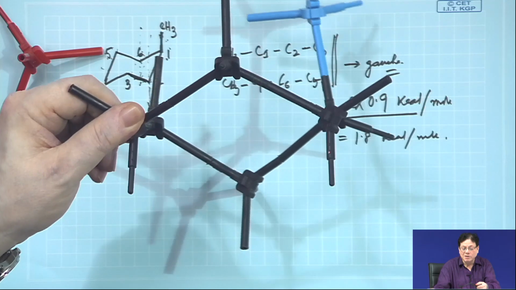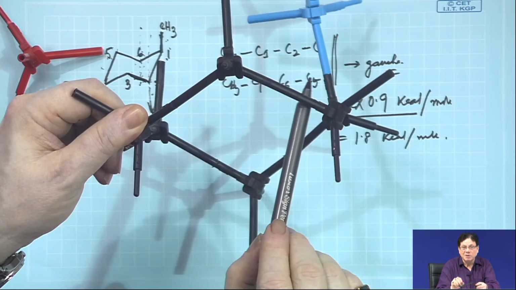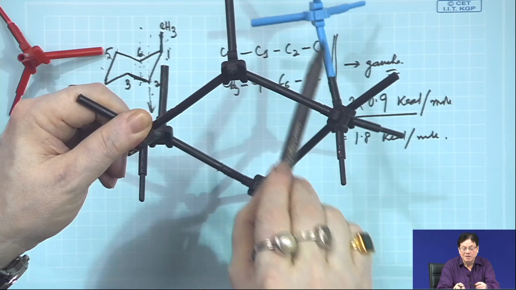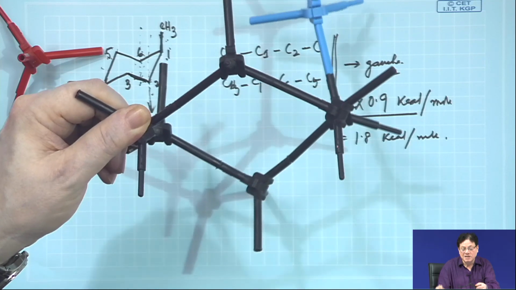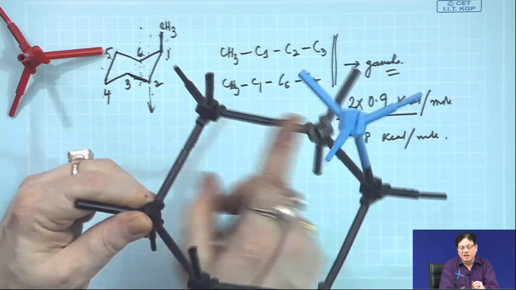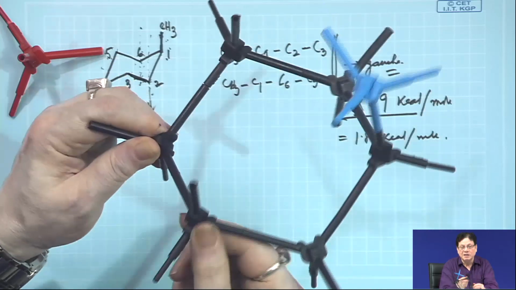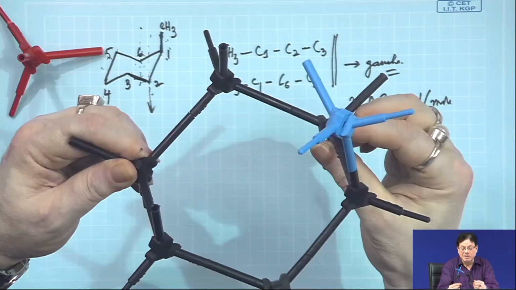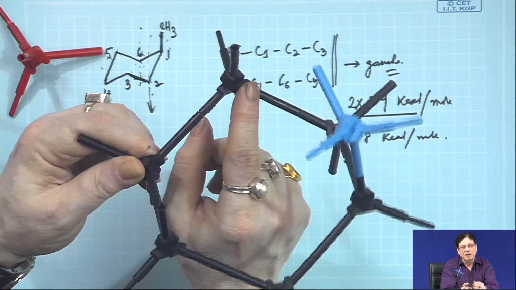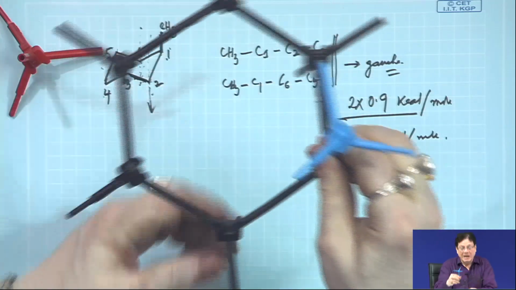The angle I am talking about is the one which you are seeing now, from this to this blue one, that is 60 degree. So, this is in the gauche, and the same thing happens with the other side also. The other side means this side. I have just taken from this side, you can also go from here to there, that is also in the gauche form. Okay. So, that is for one axial methyl.